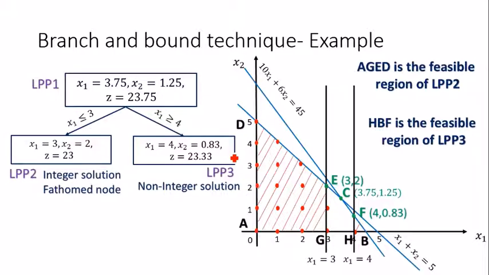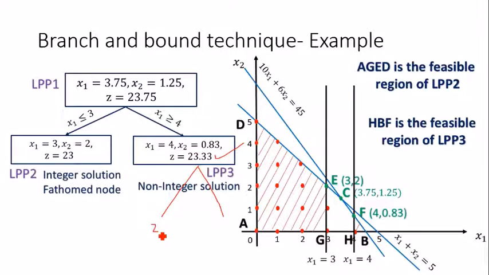But whenever we get a non-integer solution, we have to think about whether there is any benefit of doing further branching, keeping in mind that with branching the value of z is going to decrease in a maximization problem. Here you are getting 23.33. If you choose to do further branching, then the z you obtain will be either 23, 22, 21 or less.